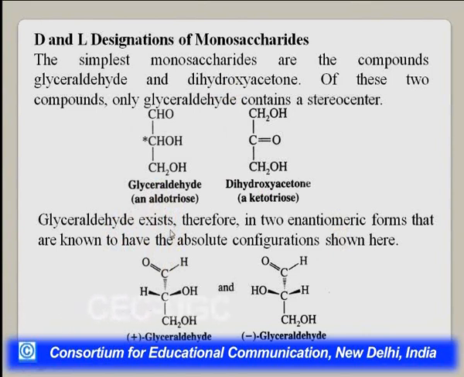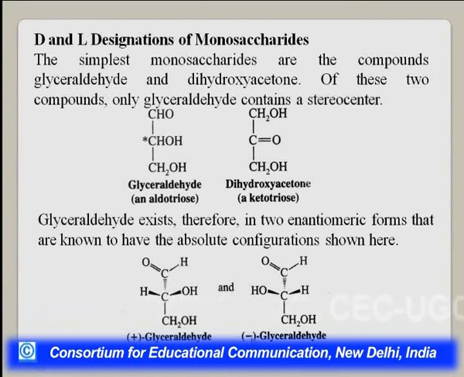If a compound has a chiral center, or stereocenter, two enantiomers are possible, and they have absolute configurations. You can see this is plus glyceraldehyde or minus glyceraldehyde. If you remember, while talking about stereochemistry, the plus shows dextrorotatory, and the minus shows levorotatory.